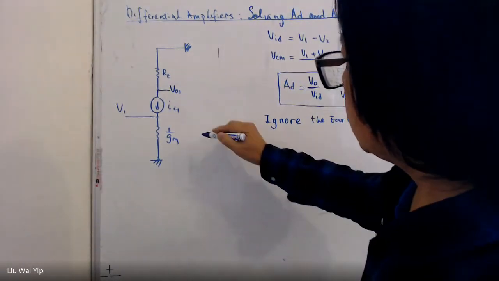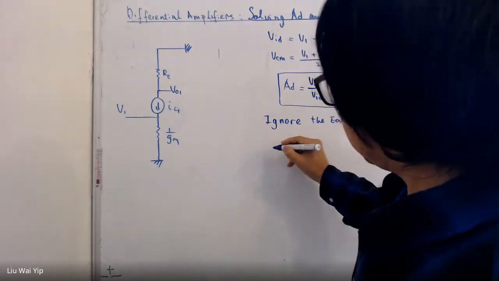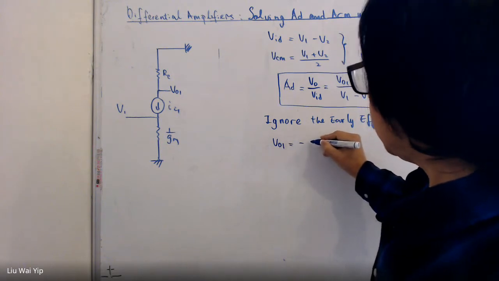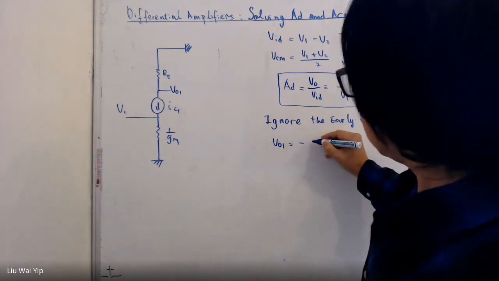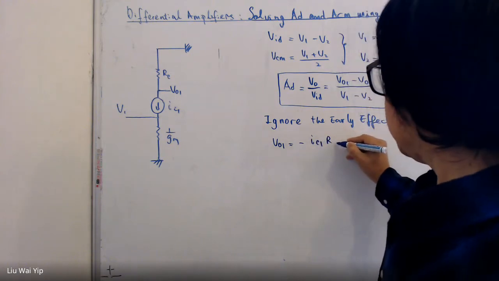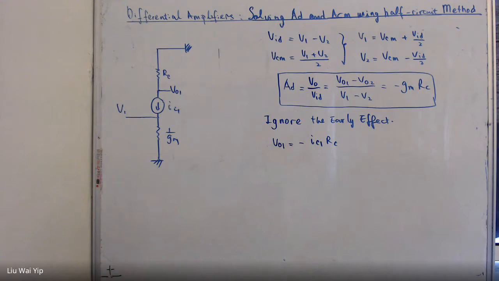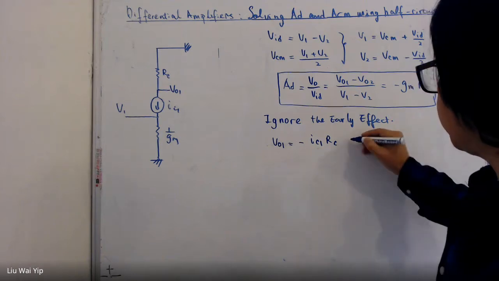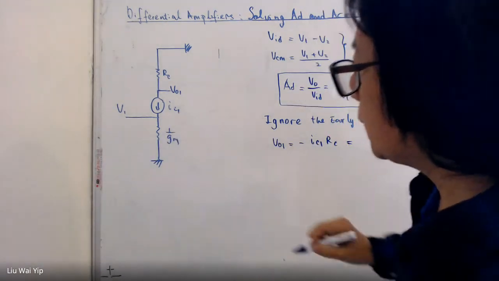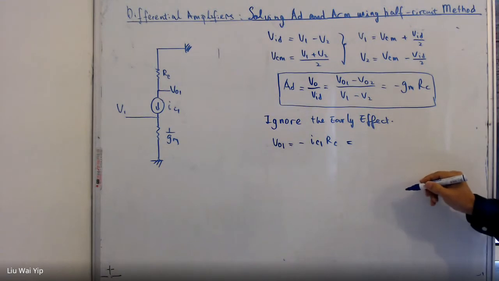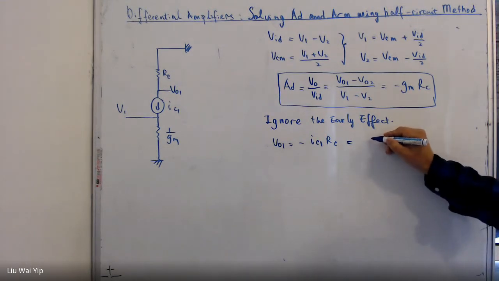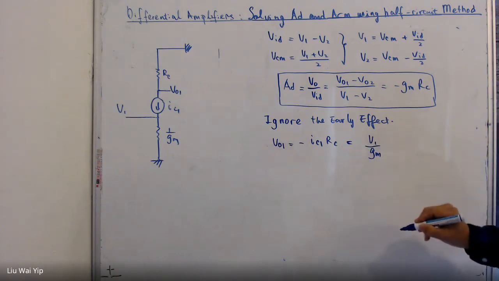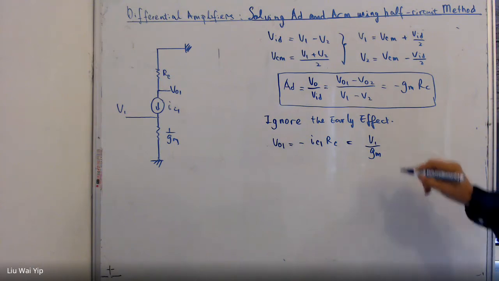And the output voltage here is going to be minus IC1 times RC. And IC1 is equal to, according to here, V1 divided by 1 over gm.